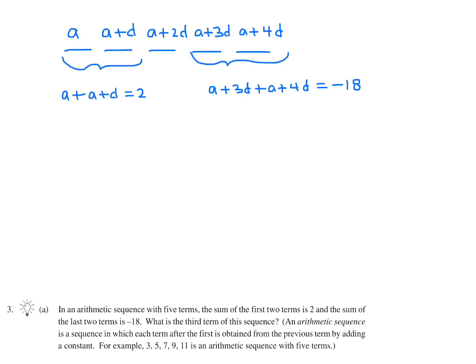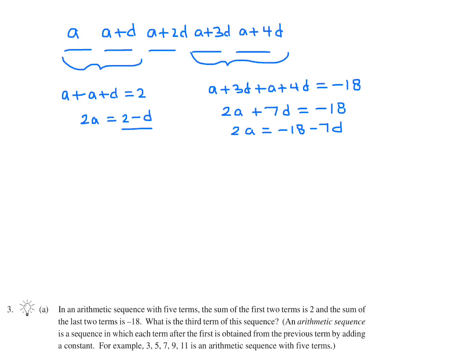All right. So let's first solve for a and d. So this first equation looks like 2a is equal to 2 minus d. And this one over here looks like 2a plus 7d is equal to negative 18. So that means 2a is equal to negative 18 minus 7d.